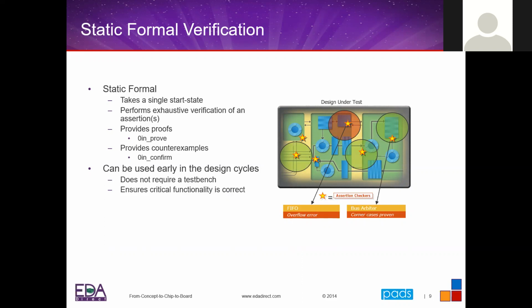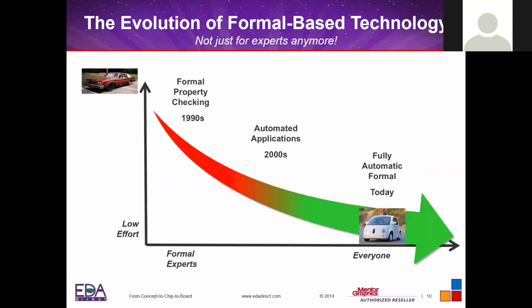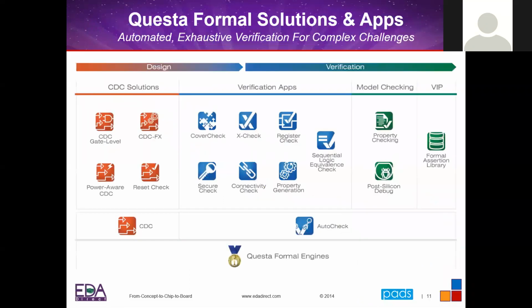So what we've done recently is we've started to take that formal engine and package some applications around it where we've done the work for you. And so today, instead of being that expert level tool where you have to have these experts writing these things, we've got these fully automated apps that are just push button ready to use pretty much.